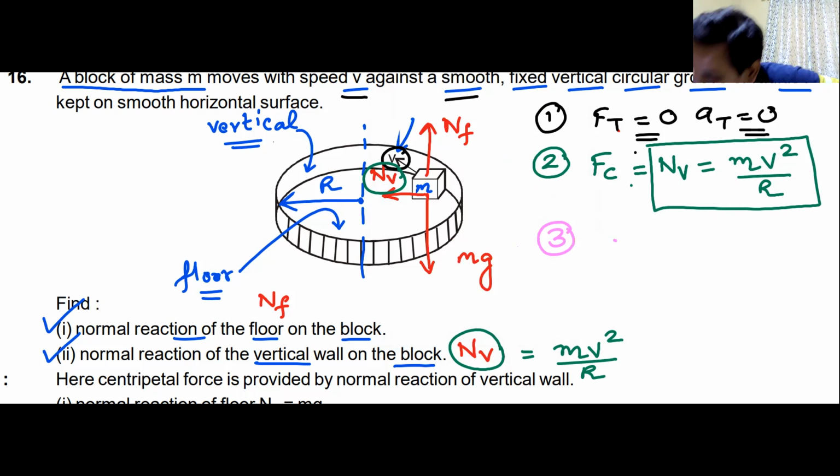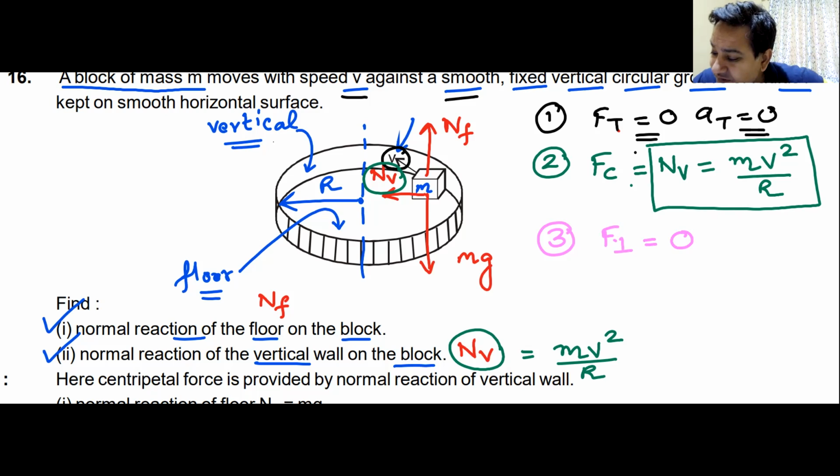Question number 3. In the third direction, which is perpendicular to the plane of the circular path. Now this circular path is horizontal, so the direction perpendicular to it is the vertical direction. There must not be any force in the perpendicular direction, or if there is, the forces must equate so that the net force becomes 0.